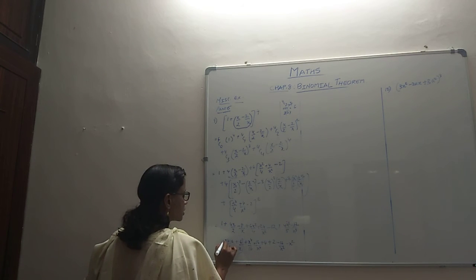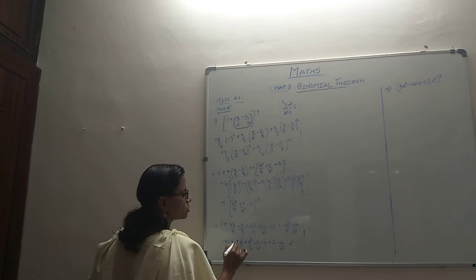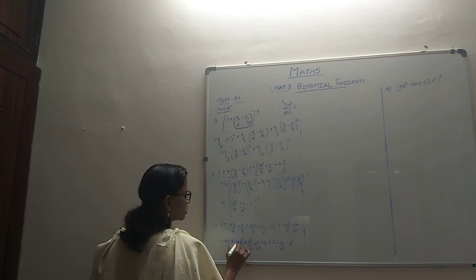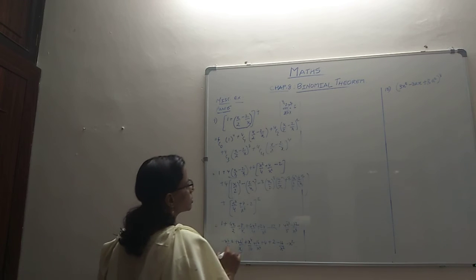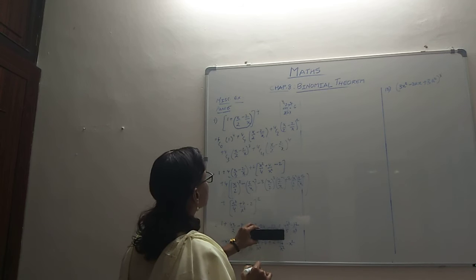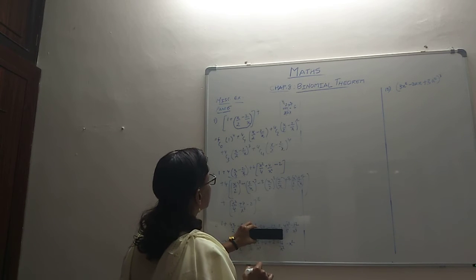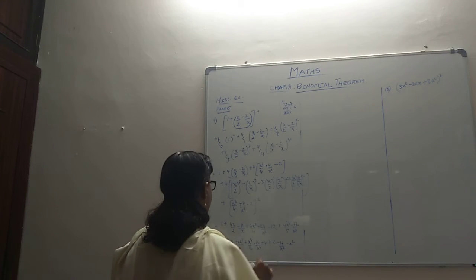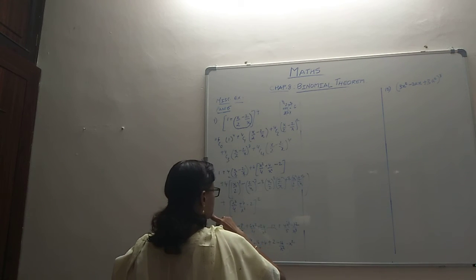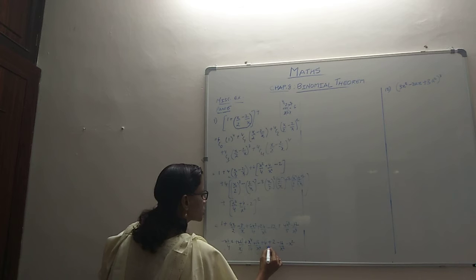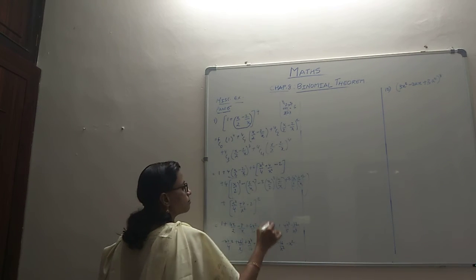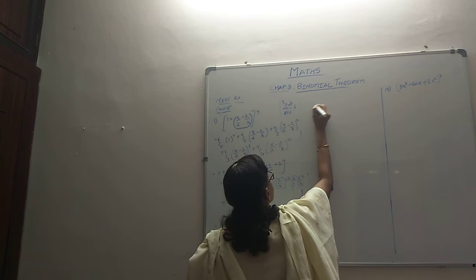Then this is 4 into, no, was it 4 or 6 that was lying outside? 4, yes. So let's have this solved now. 4 plus 2 is 6, and 1 makes 7, and 7 minus 12 is minus 5.